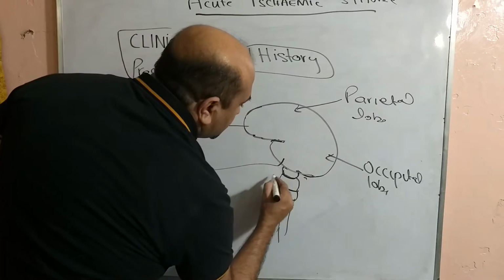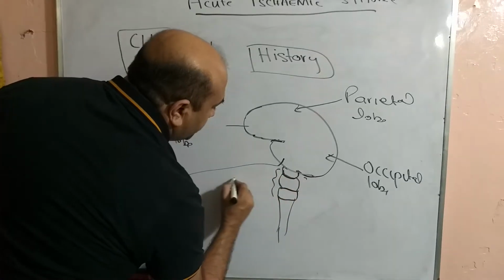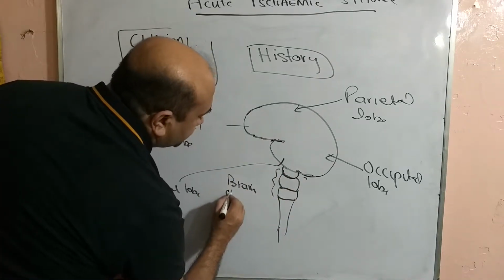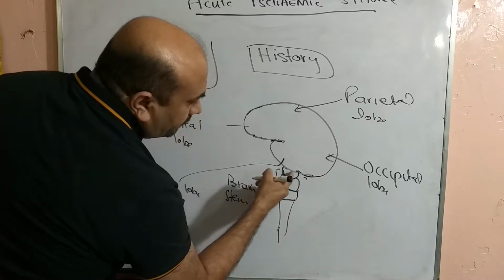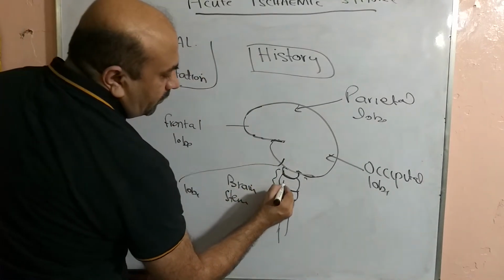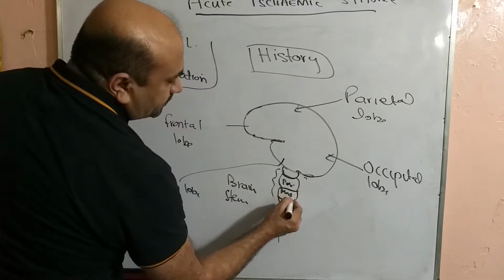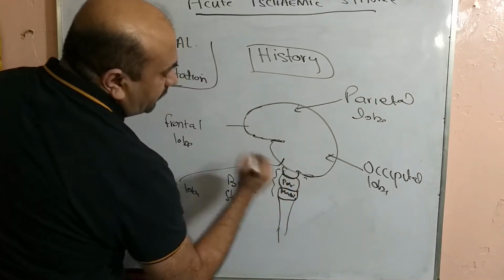So this part is actually the brainstem, and the brainstem comprises of midbrain, pons, and medulla oblongata.